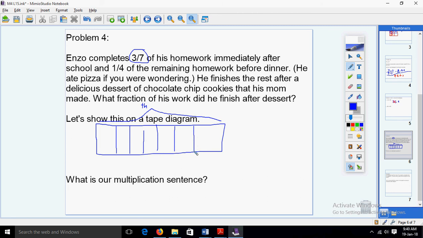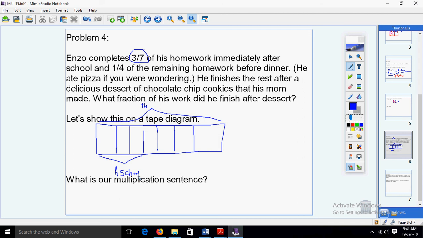Now I'm going to show 3 of this: 1, 2, 3. So this is the homework he did after school, I'm just going to say A for after school. It is really hard to write like this. Anyway, you know what I mean.